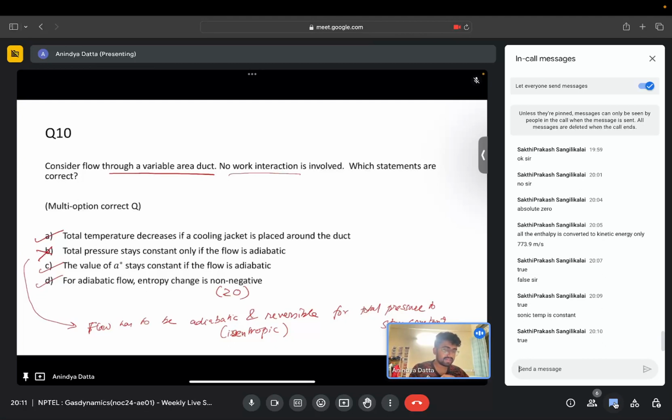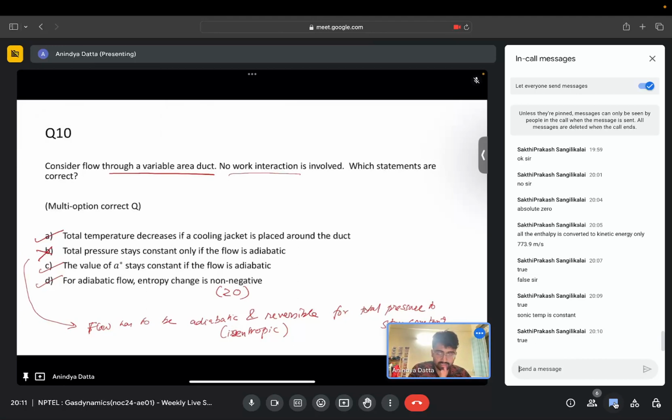Entropy change has two parts: entropy change due to heat transfer plus entropy change due to irreversibilities. When the flow is adiabatic, there is no entropy change due to heat transfer, so entropy change can happen only because of irreversibilities. That is entropy generation because of the losses in the system, and it is always greater than or equal to 0, or non-negative. So this is all.